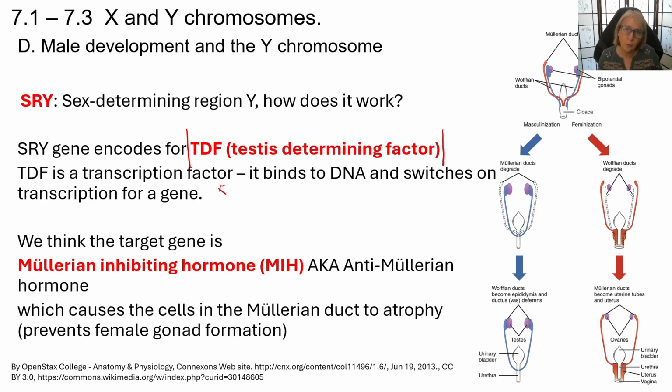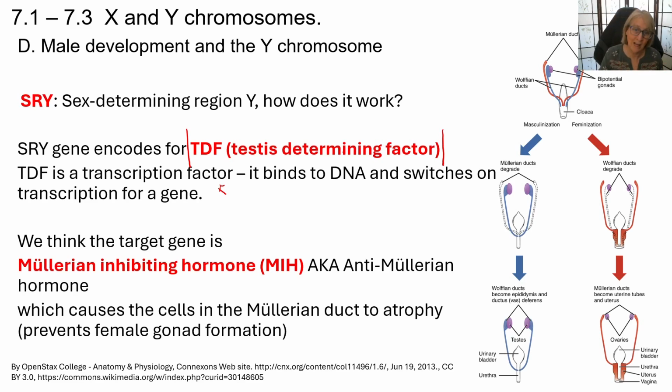If you have SRY, so you have a Y with an active sex-determining region Y, it makes a protein called the testes-determining factor. That testes-determining factor binds to a different region of the genome, a different chromosome, and allows a gene to be transcribed that inhibits the development of female gonads.